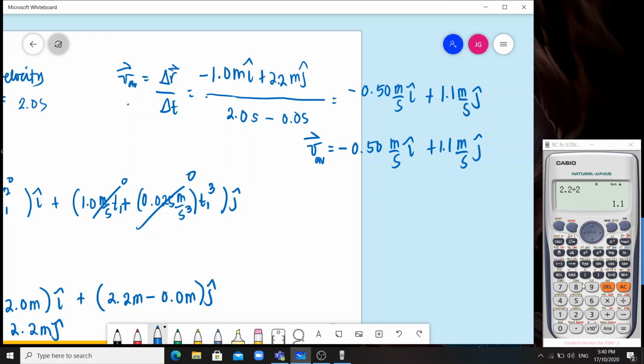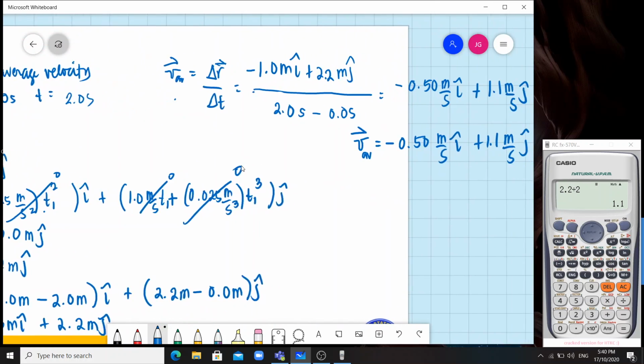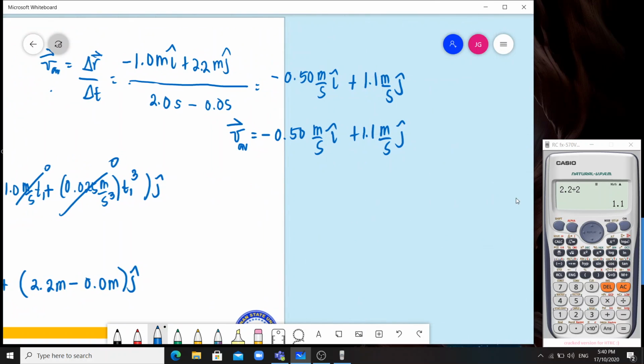Okay. Now, displacement and average velocity. So, malamang kailangan natin ito ng magnitude. So, how do we get the magnitude? That is the square root of Vx squared plus Vy squared. Okay?